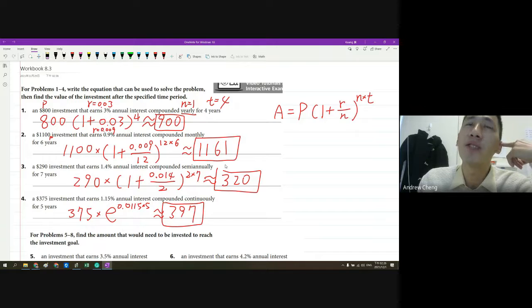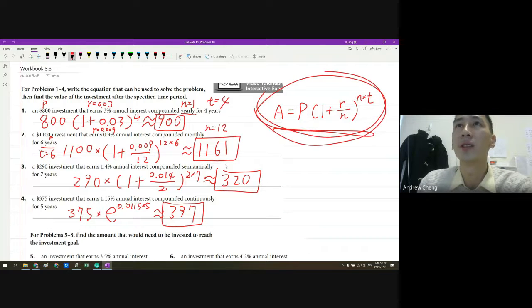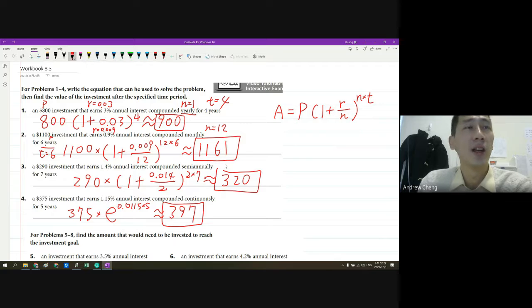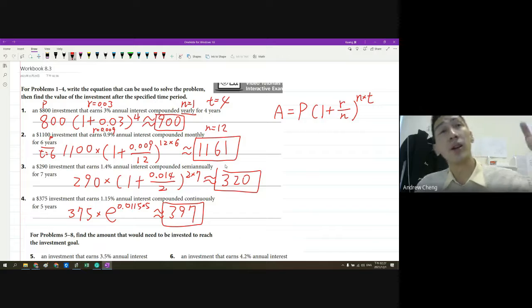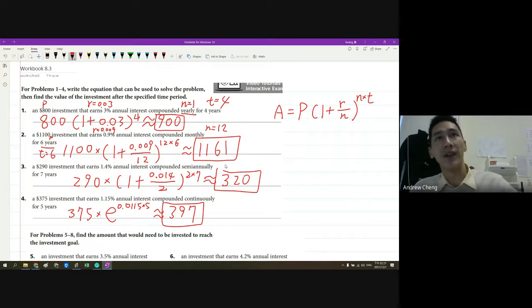That means 12 times per year, so N equals 12. And then 6 years means T is 6. So you plug in all the variables with the given information, you will get this, and type it in your calculator. You will get the result.